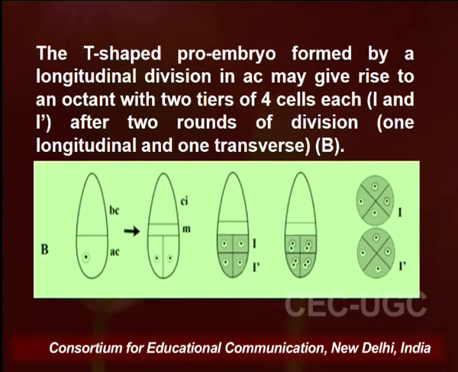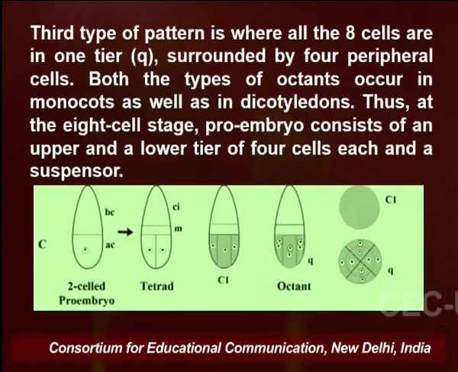A third type of pattern is where all the 8 cells are in one tier, and they are surrounded by 4 peripheral cells. Both the types of octants occur in monocots as well as dicots.